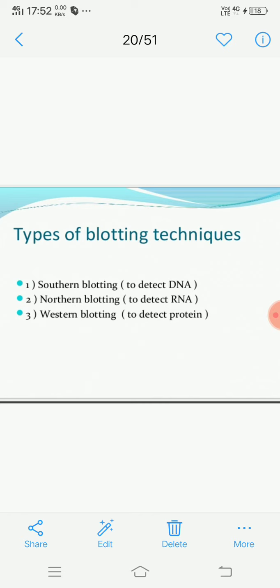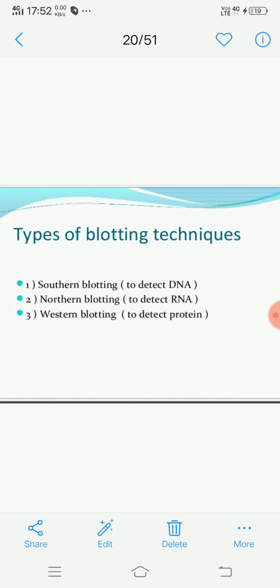The name comes after the scientist Edward Southern, in 1948 or 1938. This scientist discovered this southern blotting technique, the technique for detection of DNA. So it is known as southern blotting, meaning to detect the DNA molecule.